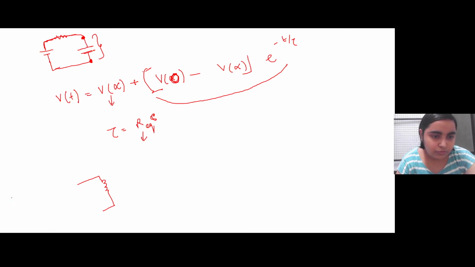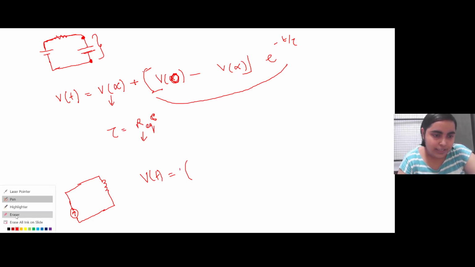If there is a current source suddenly connected to this particular inductor, the current across an inductor cannot suddenly change, and the response at a particular time t will be given by, in this case, the current.